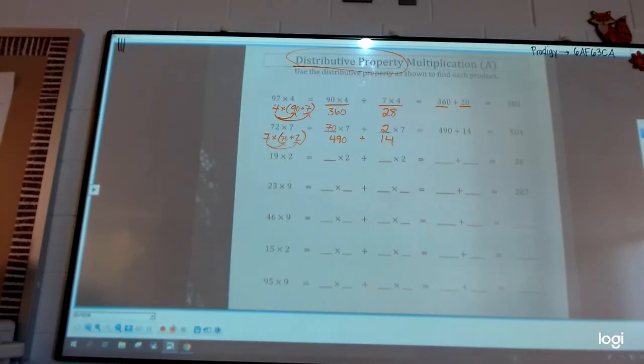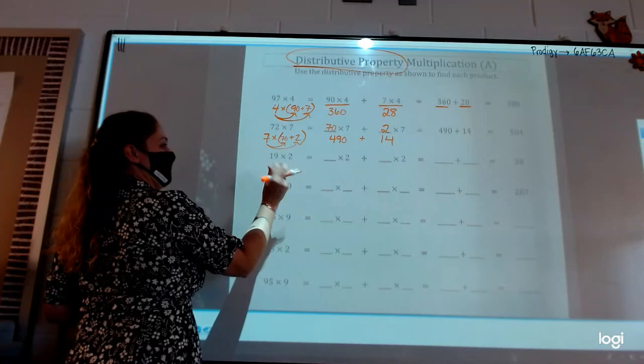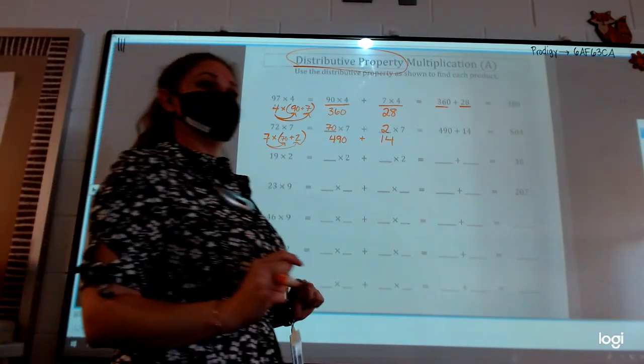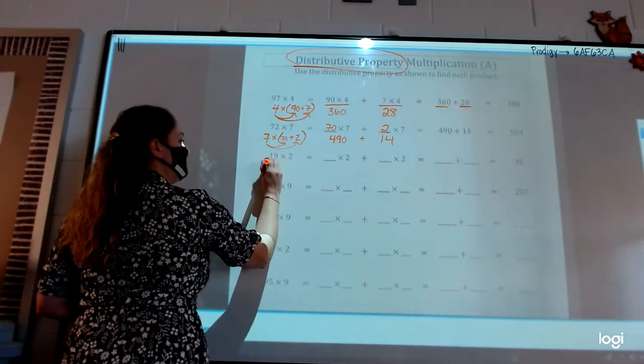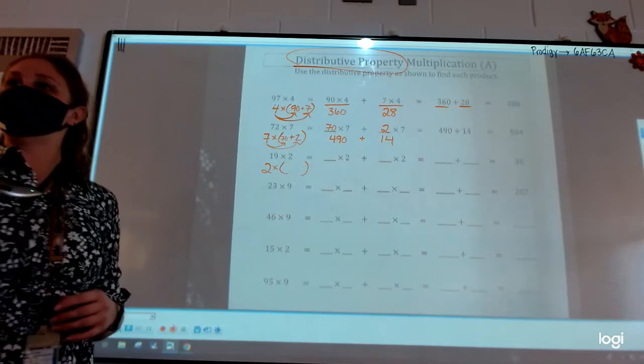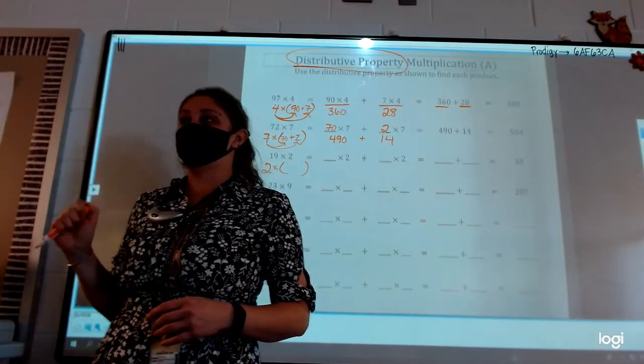So the next one, we're going to do more on our own, okay? So let's start it the same way. Which number, the 2 or the 19, should we break apart? Lady Cadence? 19. All right. So 2 times, all right, what two numbers should we use to make it easy on ourselves? Quentin, what are you thinking?